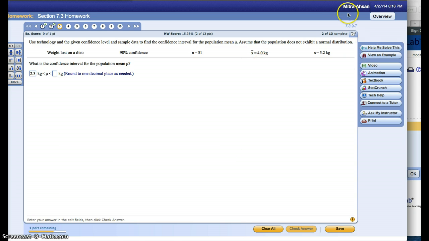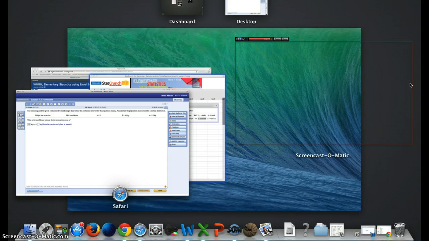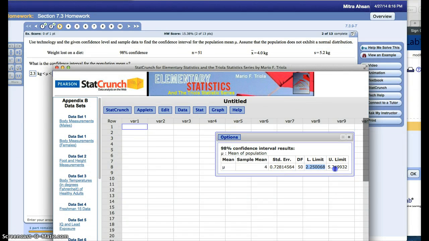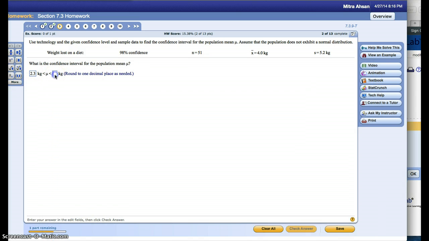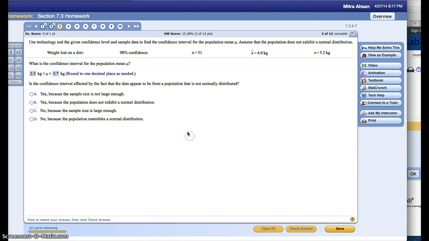That's the lower limit, and to do the upper limit, I have this number, copy it and paste it, and this one also 1 decimal place, so that would be 5.7. Check answer. So that was good.